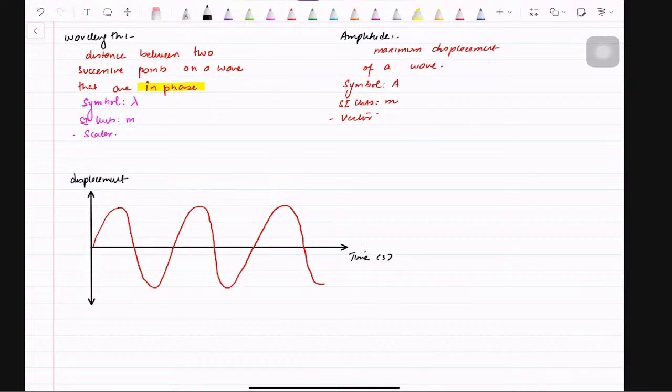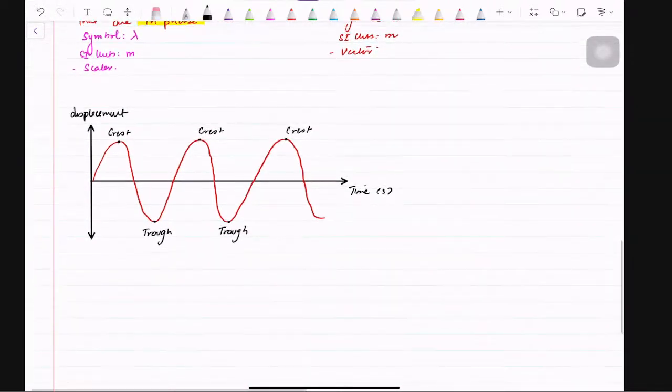So this is basically the crest, the trough. So from this kind of wave, which is given against time, we can find the time period.